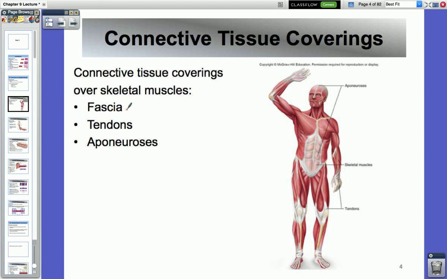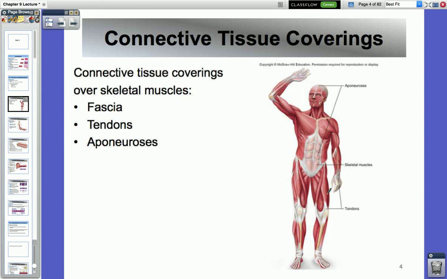You maybe have seen this before if you've ever cleaned raw chicken, and you have this clear white film over the top of it. That's the fascia. I'm not talking about the skin of the chicken, but after you've skinned the chicken, sometimes you have this thin layer that's the fascia. And so over all of our muscles, we have a bit of fascia there.